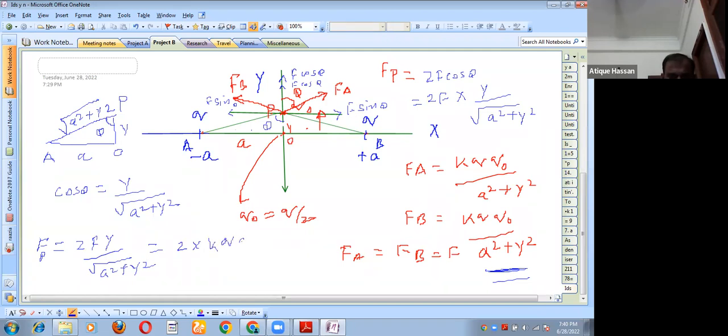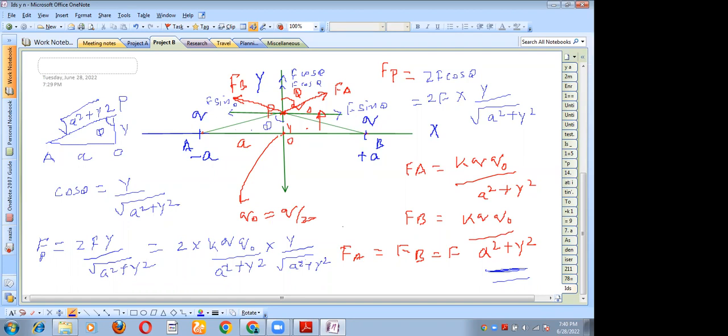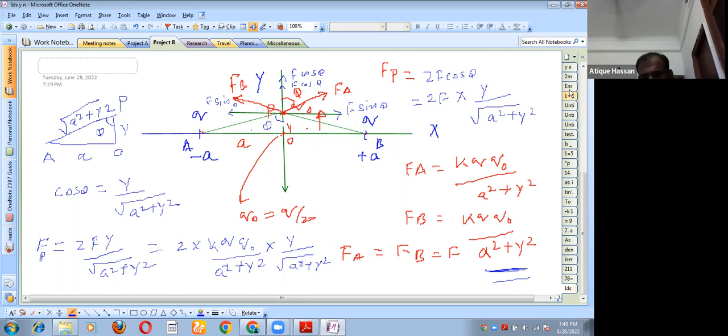KQ naught by a square plus y square, and the value of cos theta is y upon under root a square plus y square. Are you getting my point? Up to this point, have you understood? Yes, sir. Now the problem becomes easier.